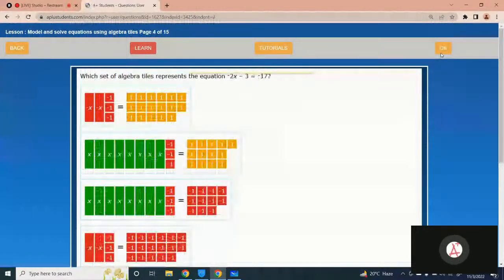Okay. The next one is negative 2x. Which set of the algebra tiles represents the equation negative 2x negative 3 equals negative 17? See, all the coefficients are negative. The coefficient of x is negative, then 3 is negative, and then 17 is negative. That means all the terms are represented by the red tiles.